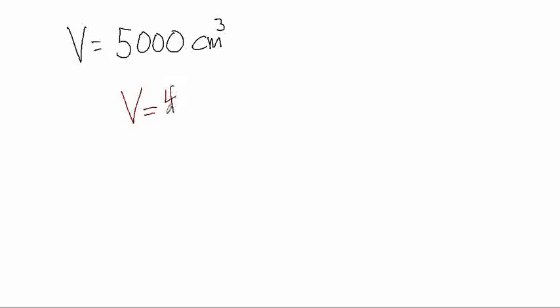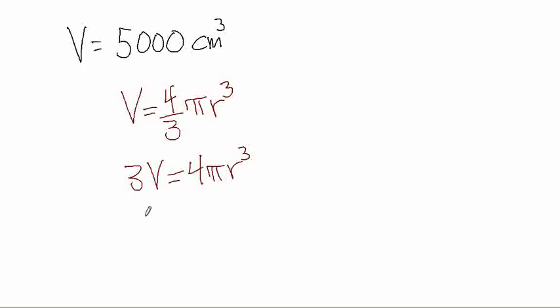The volume is equal to 4/3 pi r cubed, so I can isolate r. Let me multiply both sides by 3. Now let me divide both sides by 4 pi. Now let me take the cube root of both sides.